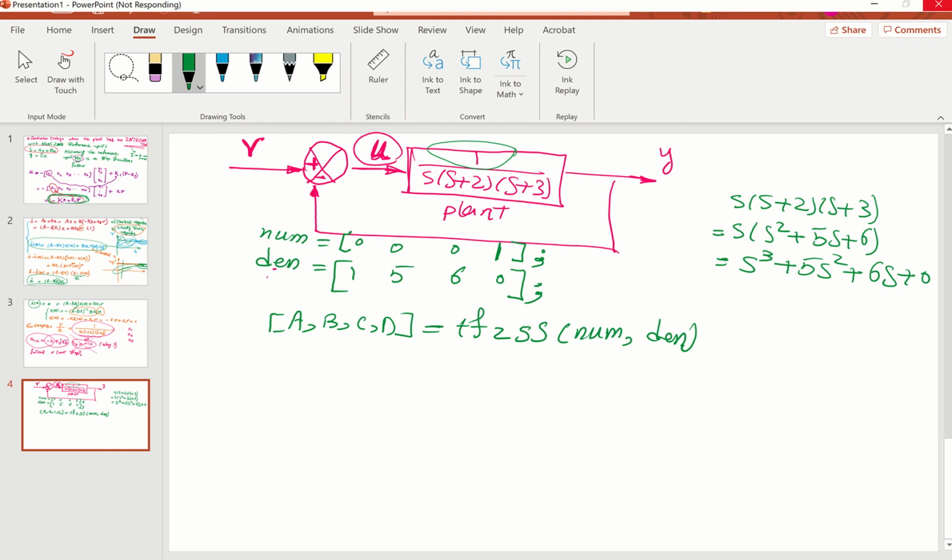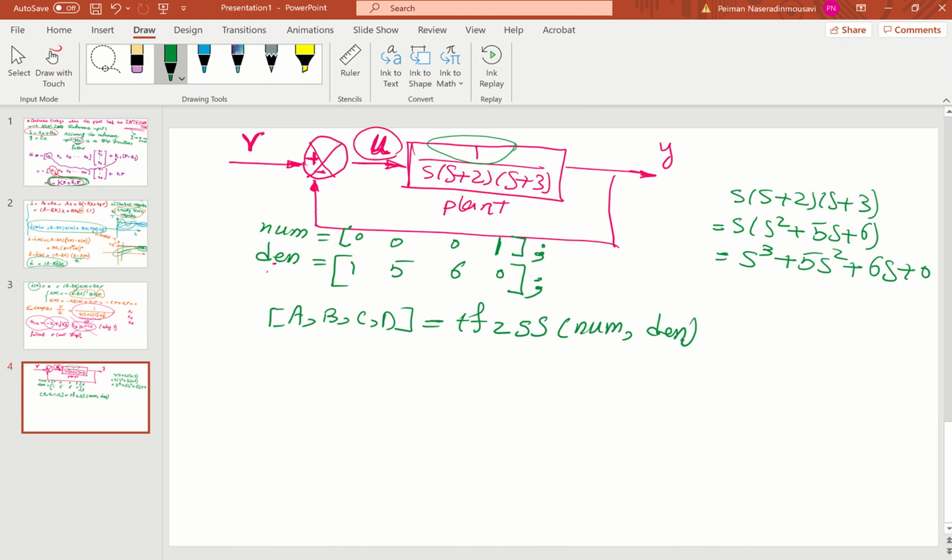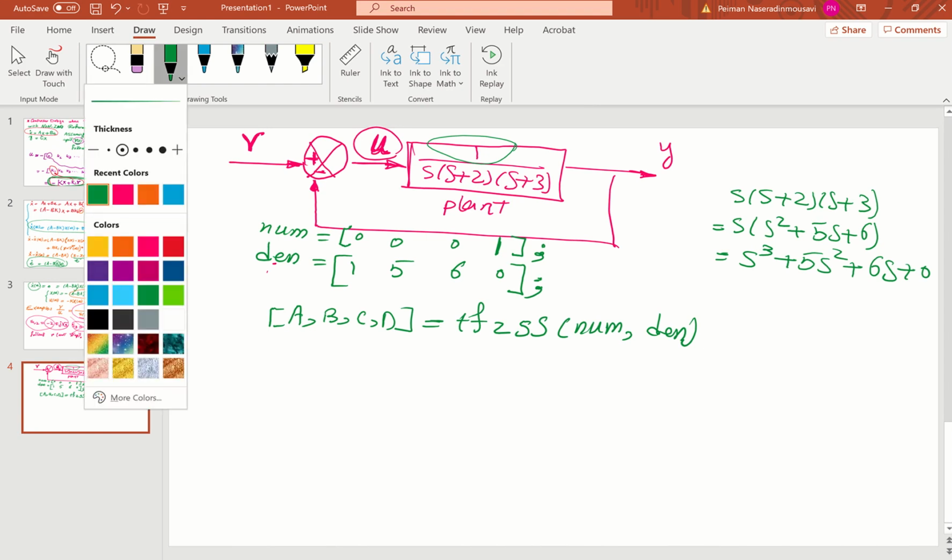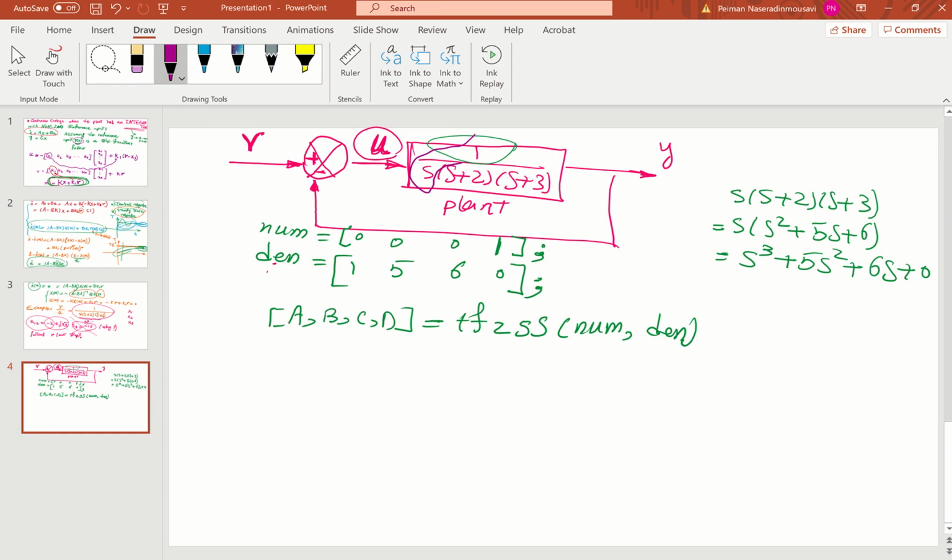Before going ahead, guys, listen to me very carefully. This system has one integrator in the open loop transfer function, 1 over s. Because if you remember from undergraduate control, the Laplace transform of integration is 1 over s.